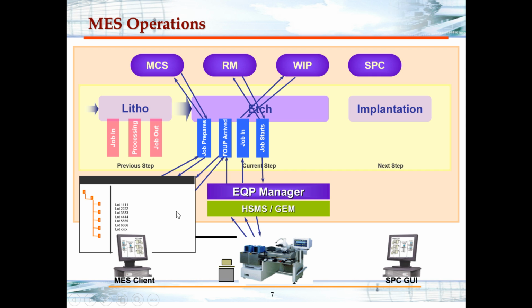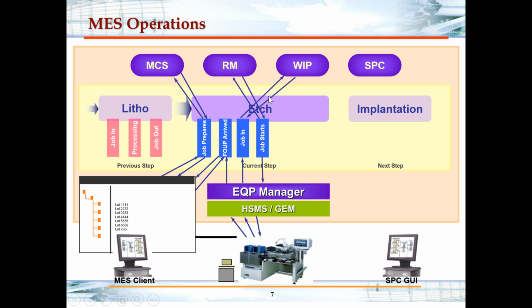After the FOB arrives at this equipment, he needs to check the job in. In other words, use the WIP tracking to check that this is the next station where it should be processed. If the answer is yes, then you just check it in.